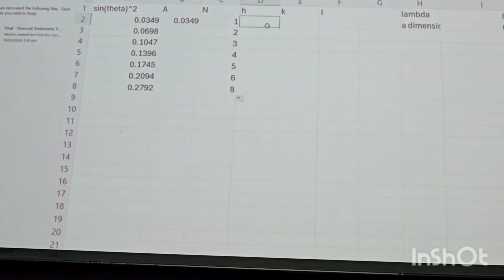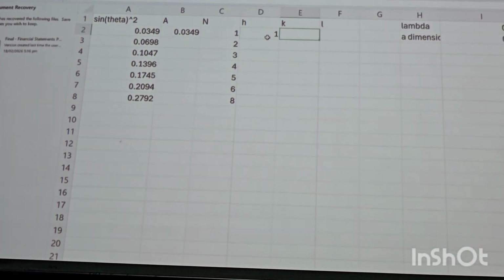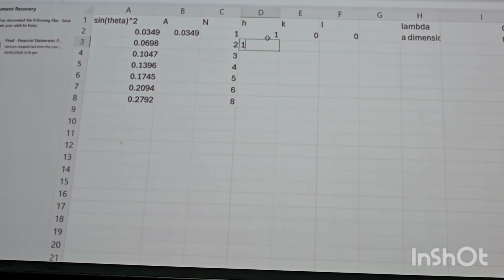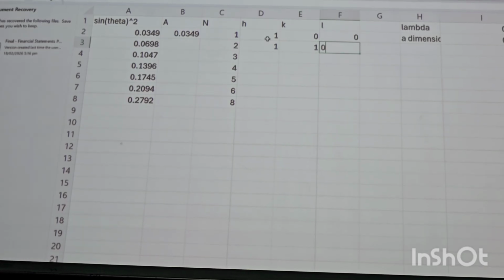N equals 1. N, of course, is h square plus k square plus l square. So it's evident that this could be the 1 0 0, which is the same as 0 1 0 or 0 0 1 because it's cubic. 2 is 1 1 0. So I can immediately index the peaks.